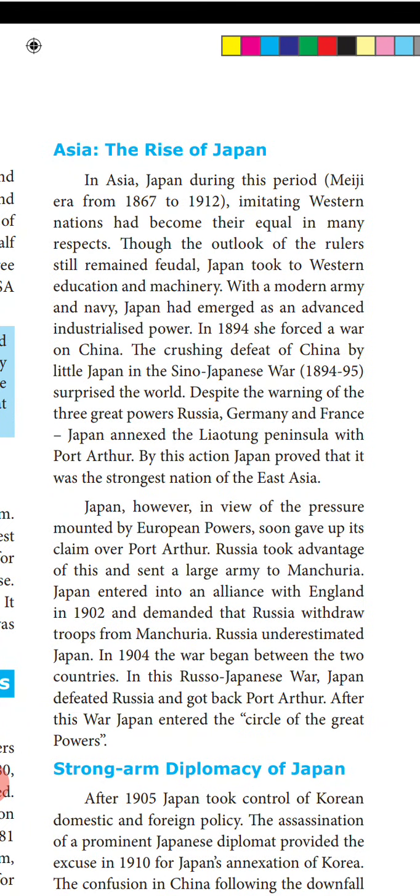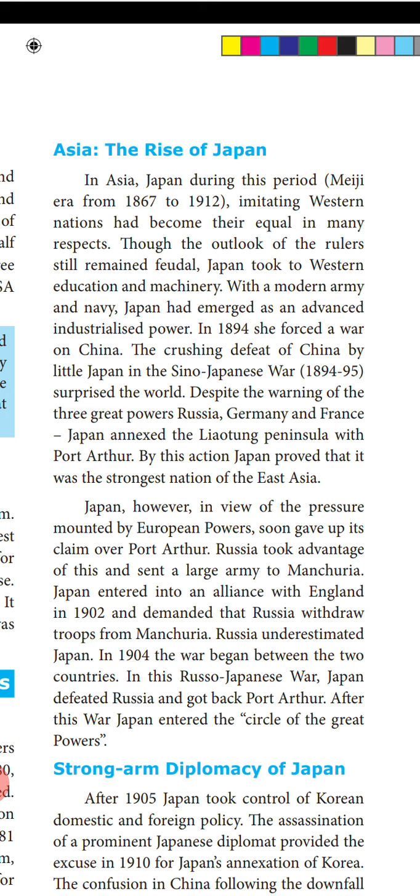Asia. Now, let us know about the Asian countries. Japan emerged as a superpower during this period. In Asia, Japan during this period, 1867 to 1912, imitating Western nations, had become their equal in many respects.